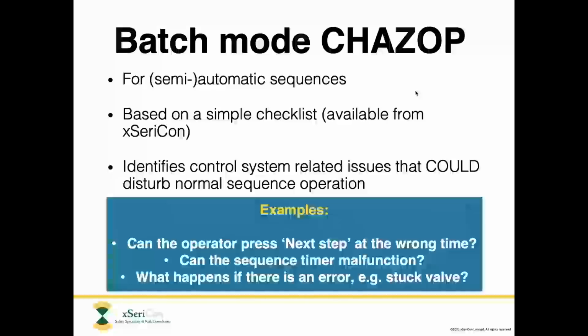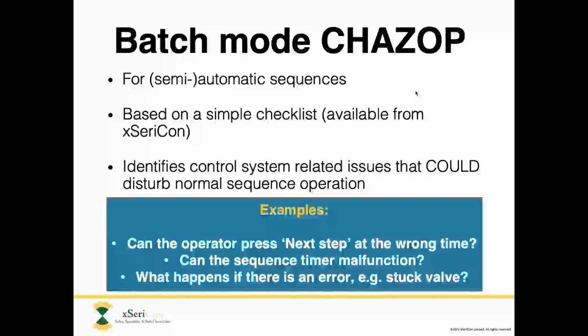And you can see 3 examples of challenge questions in the blue box at the bottom of the screen. The first one is, can the operator press the next step button at the wrong time? So supposing the operator has got the option or is required to advance to the next step, what happens if the operator doesn't wait for the previous step to be completed? Or is it possible for the operator to delay too long before pressing the next step button? Or maybe some other issue like, can he accidentally press it twice?